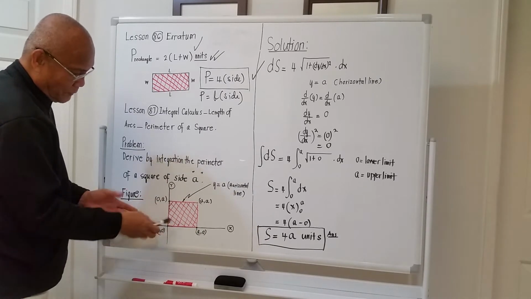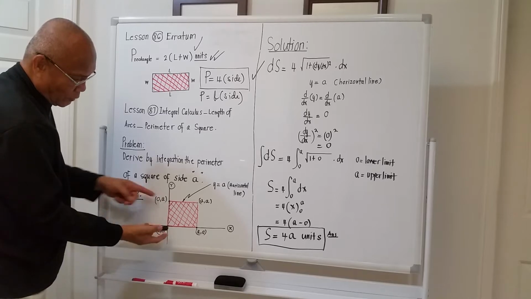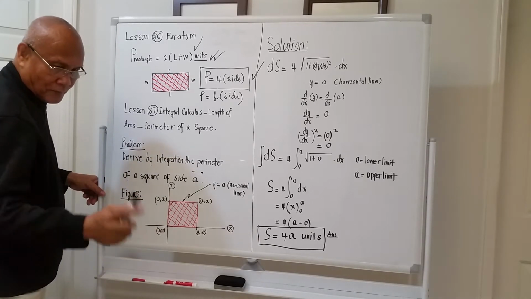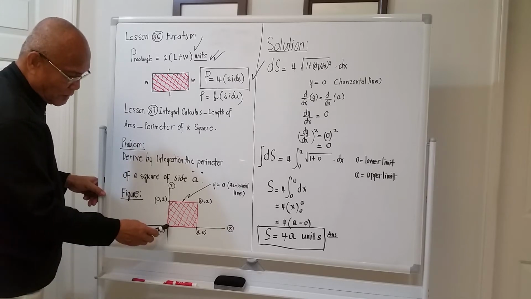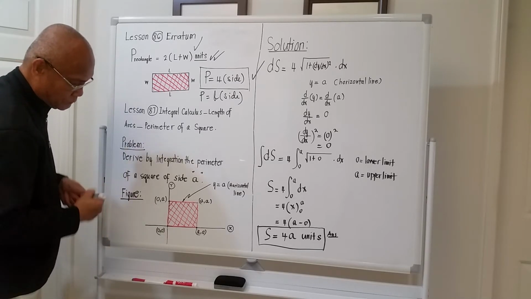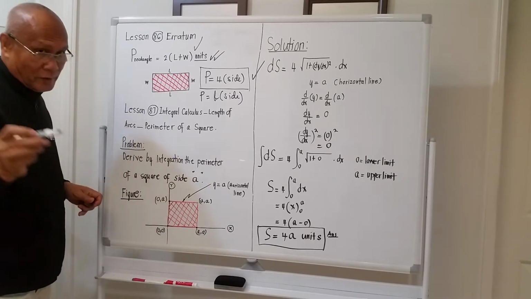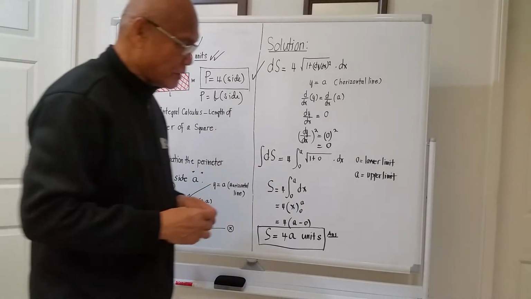This one, the abscissa is 0, the ordinate is a, so this is (0, a). Fourth one, it falls on the origin, so the abscissa is 0, the ordinate is 0. Okay, that's the graph of the square on the Cartesian coordinate system.